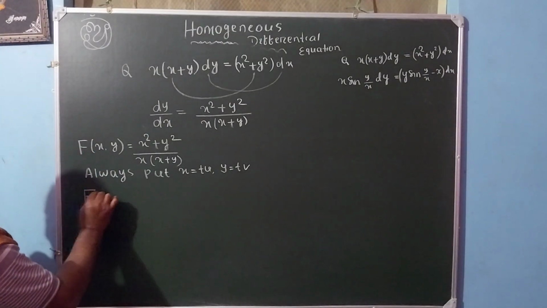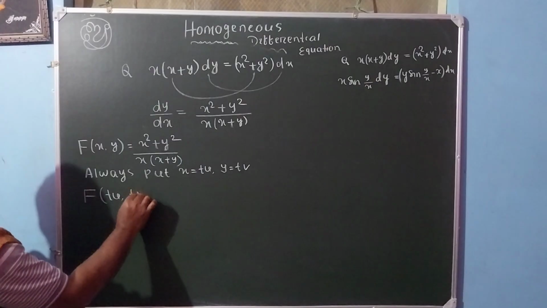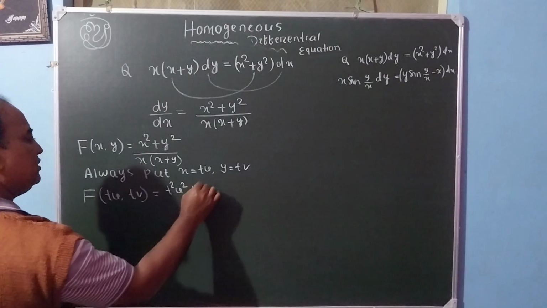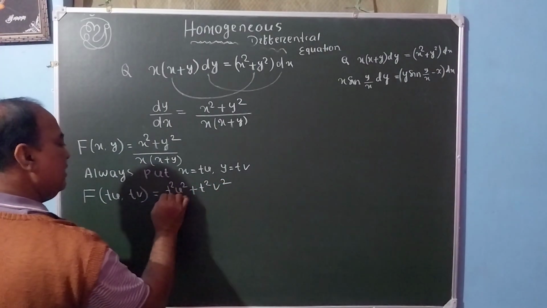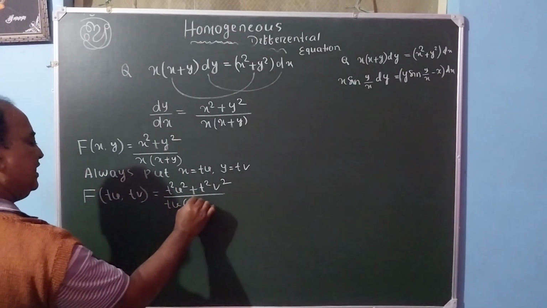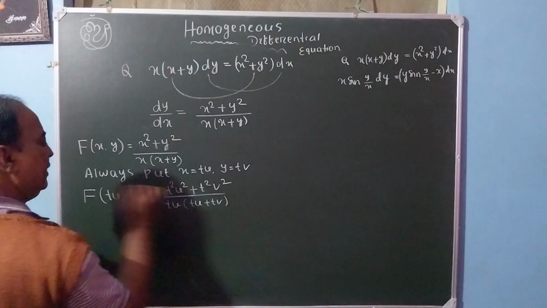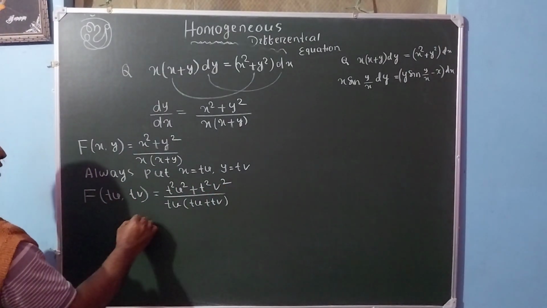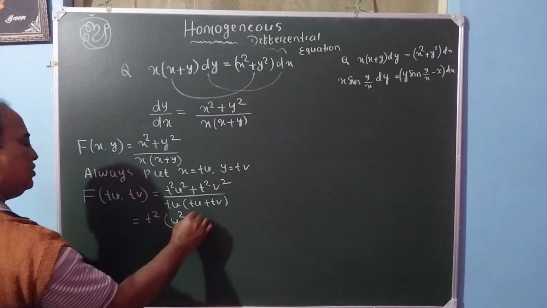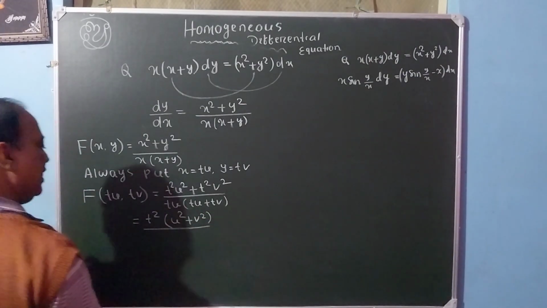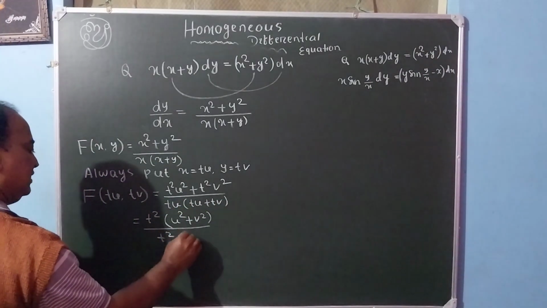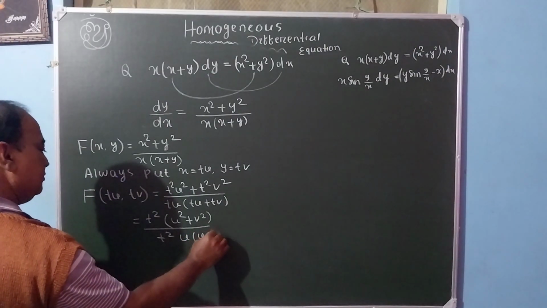So f(tu, tv) is equal to (t square u square plus t square v square) divided by, in place of x it is tu, here it is (tu plus tv). So t square is common in the numerator: t square into (u square plus v square), divided by, here t is common, so t square into (u plus v).